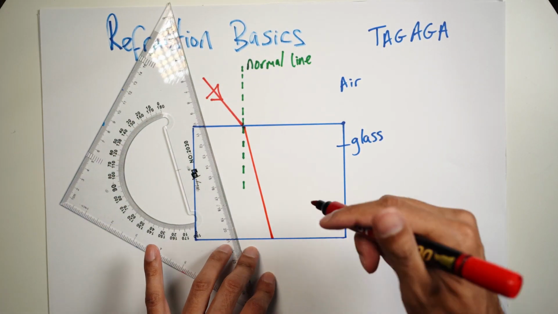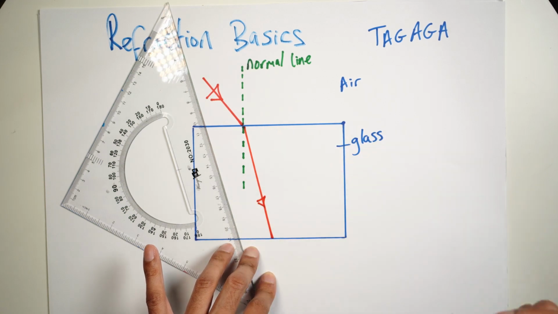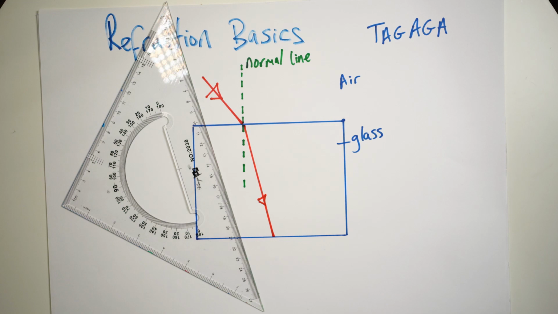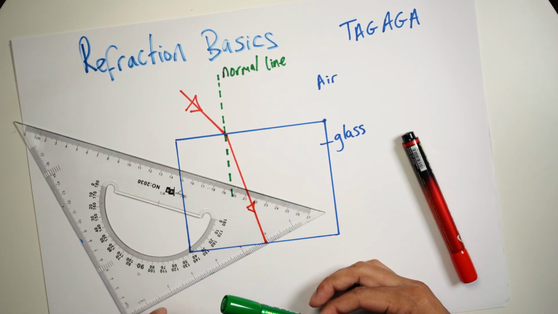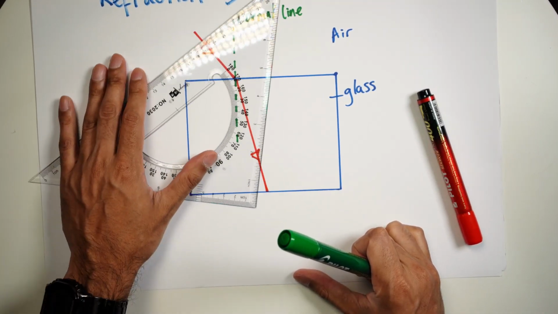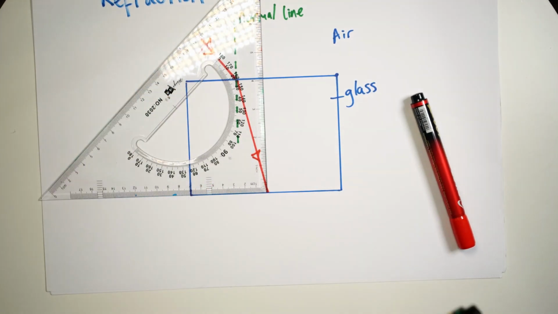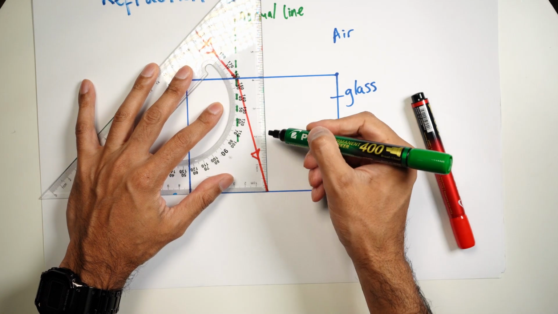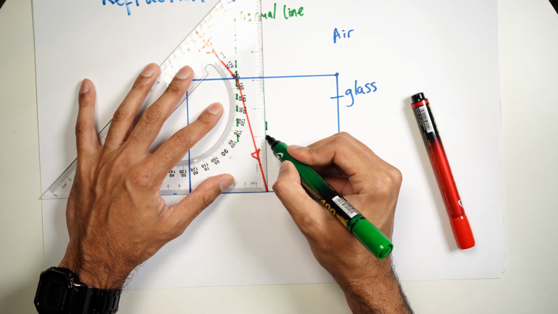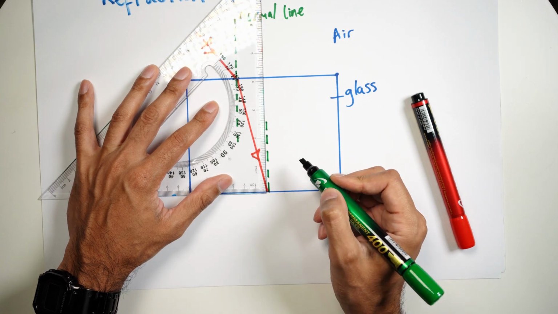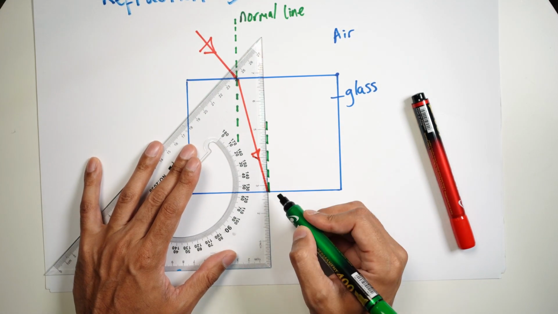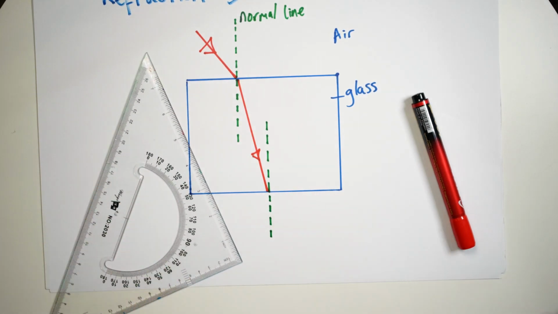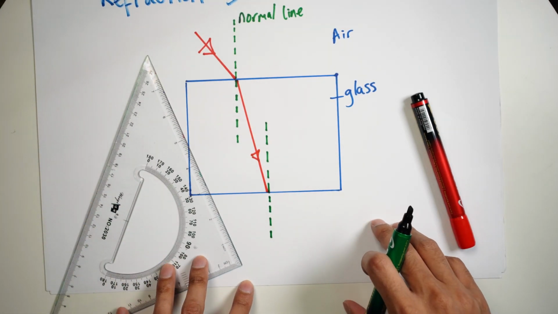Now, once it hits this boundary, we can draw another normal line to show what happens afterwards. So again, at 90 degrees to the surface of the glass, let me just put it up like this. If my video skills were better, I would fast forward this bit, but I don't know how to do that, so I don't. Anyway, so it's got like this.